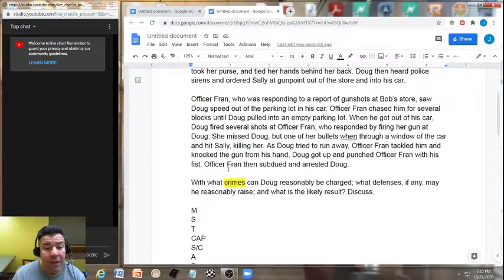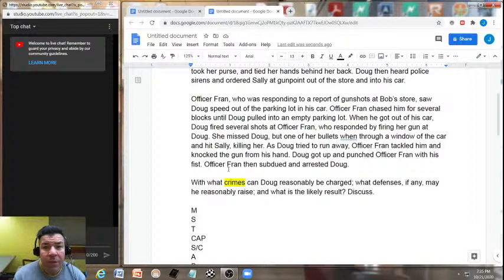Why might I be saying this? It's because Doug is engaged in a felony, and you might say, well, which felony? Mainly burglary, possibly robbery. The aspect is that he's fleeing now, and as a result of fleeing, Officer Fran fired a bullet at Doug in order to stop Doug, but that bullet hit Sally and caused Sally's death.